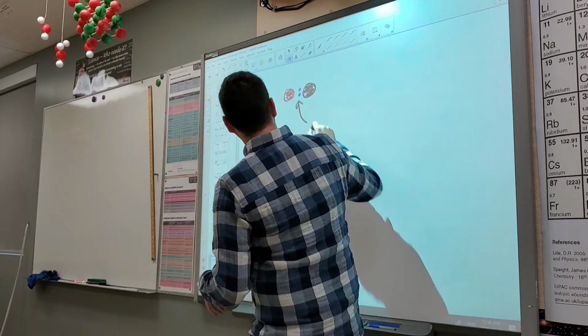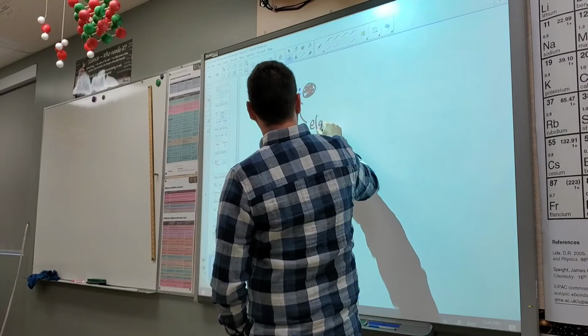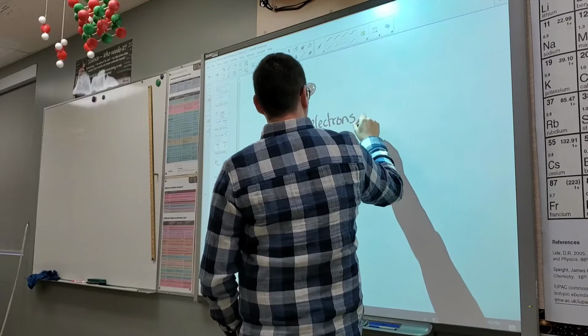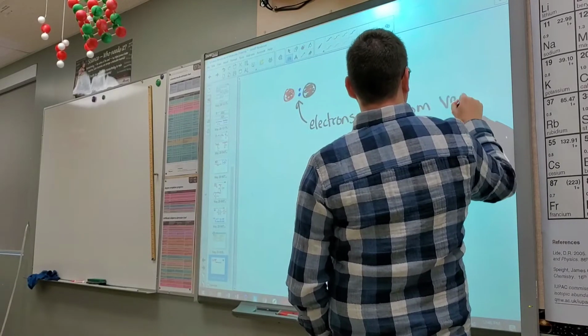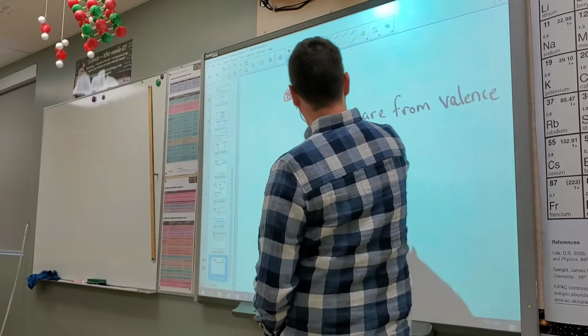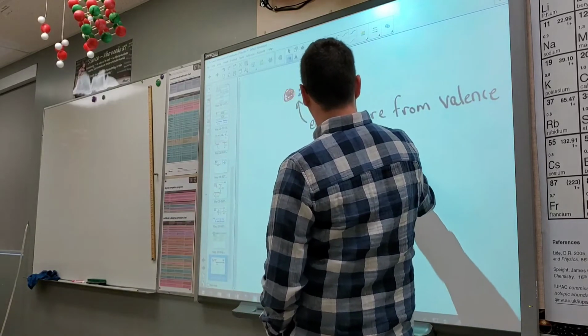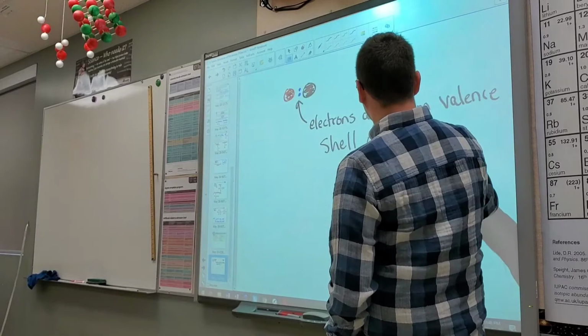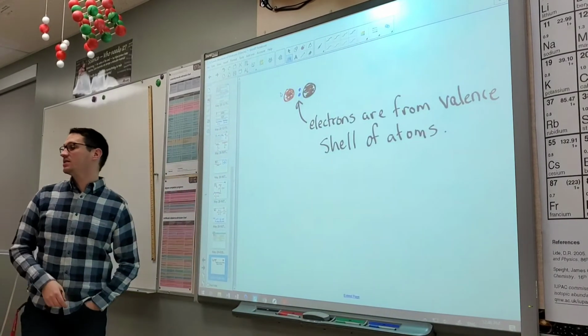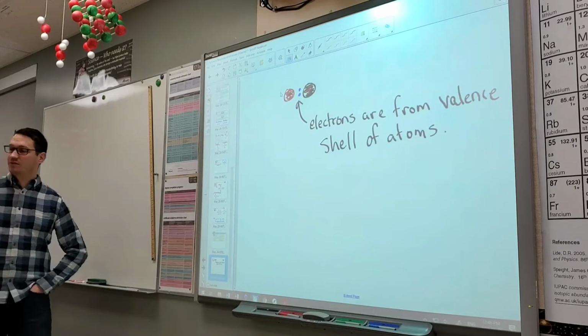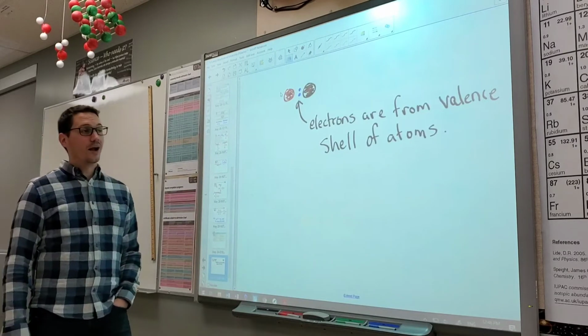Remember, those electrons are from the valence shell of the atoms. Well, that means we should probably take a look at the valence electrons of a bunch of different substances or atoms.